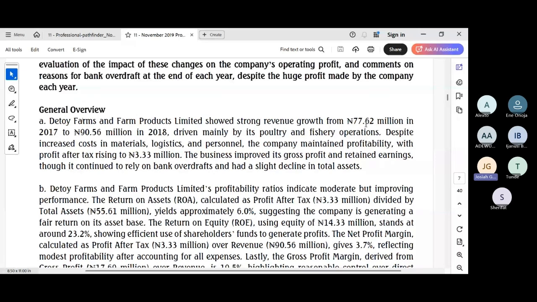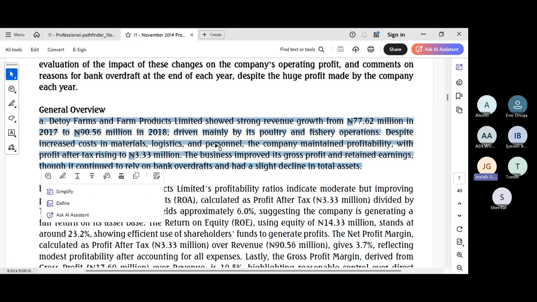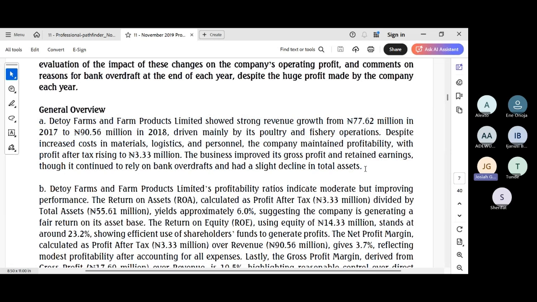So they did 77 million, and this is just directly from the pre-seen. You can get this data from the pre-seen. You don't need any computation to explain this. You said it's driven by poultry and fishery. Despite increase in cost, the business improved in gross profit and return, and so on. So every explanation we have here is from the exhibits directly, speaking to the data and information.